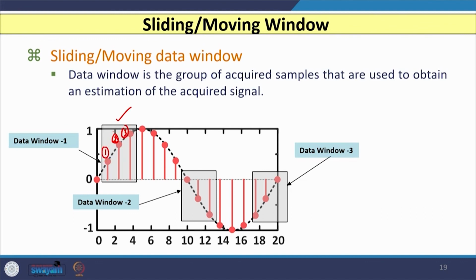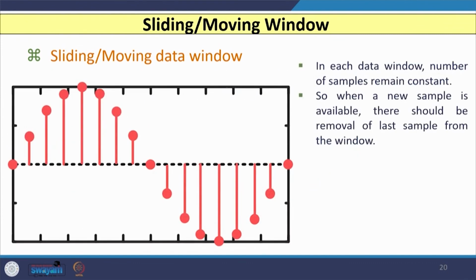Similarly, you can see another data window that also contains 3 samples, and data window 3 also contains 3 samples. So, in each data window the number of samples remains constant.